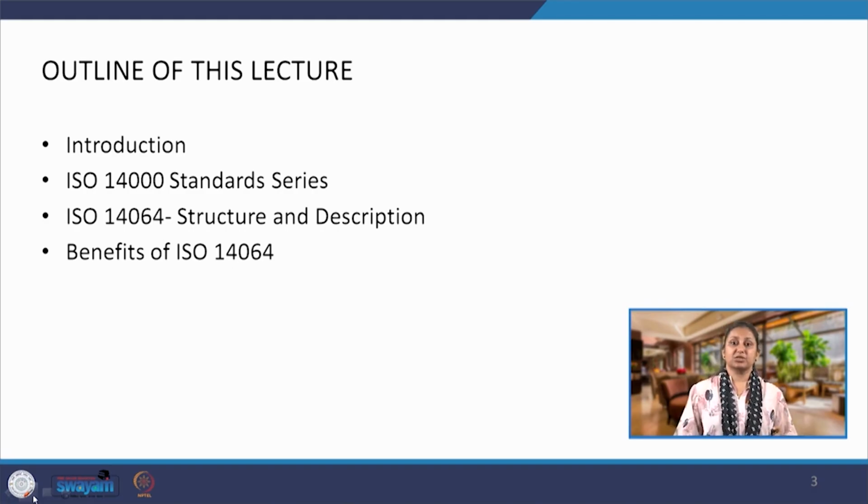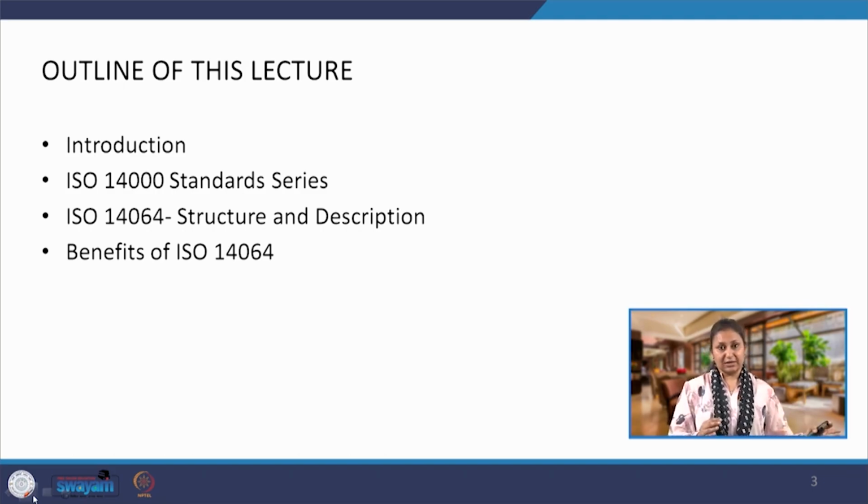So, in today's lecture we are largely going to focus on ISO 14064, which is a complementary standard to the greenhouse gas protocol, which is what we will see later. The greenhouse gas protocol covers some parts of the greenhouse gas emissions reporting and accounting mechanism, and a lot of parts are also covered by ISO 14064.